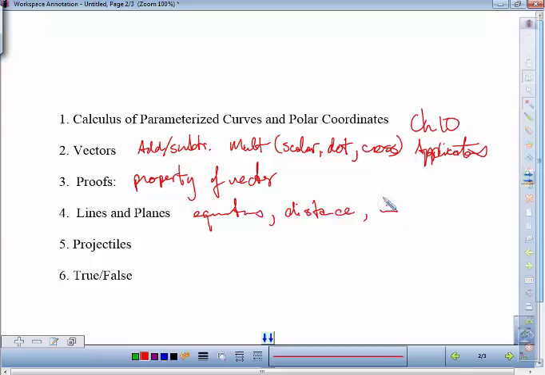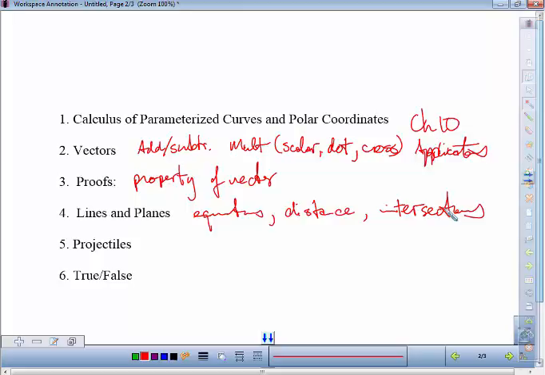Oh, and the distance between a point and a plane, or a point and a line. So that's lines and planes. We spent a lot of time on it. Looking at our schedule, I had it planned for 2 lectures, and we ended up spending about 2.5 or 3 lectures on it.